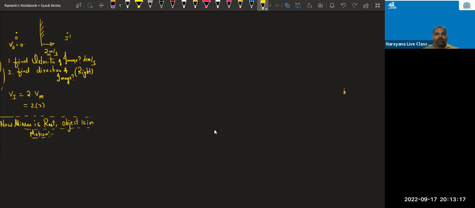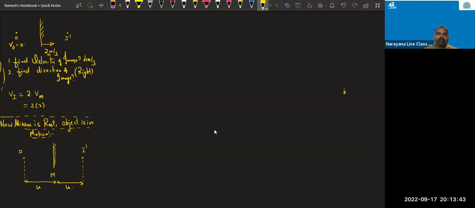One example: this is the mirror M, this is the object O. What is the object distance? U meters. Where will the image form? The image is I prime. What is the image distance?